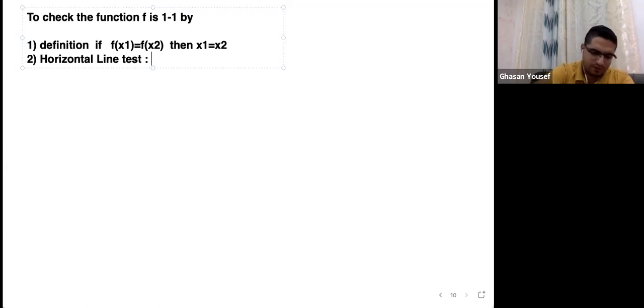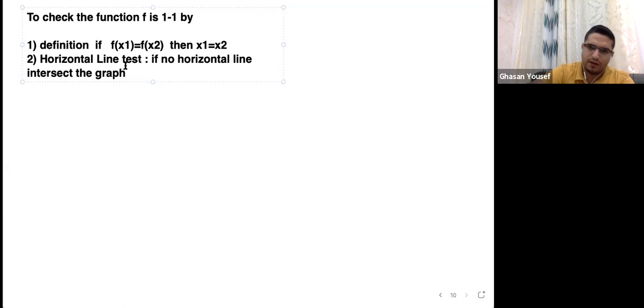So the function is one-to-one if no horizontal line intersects the graph more than once.